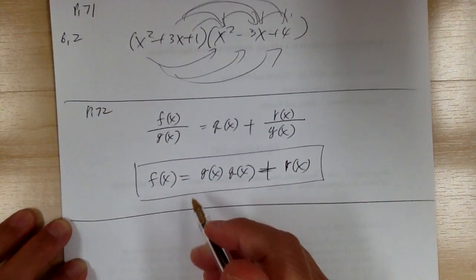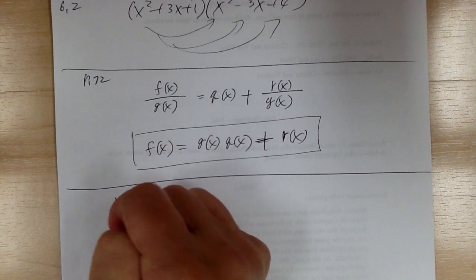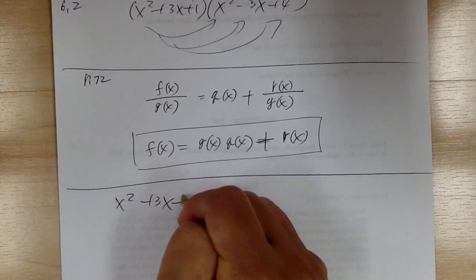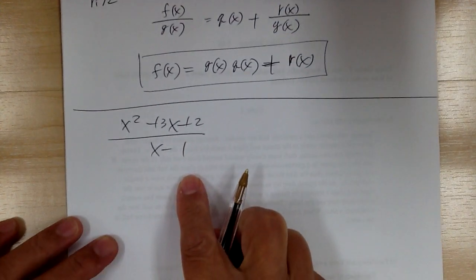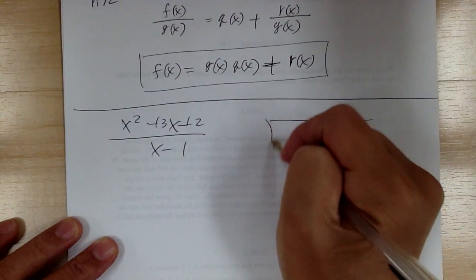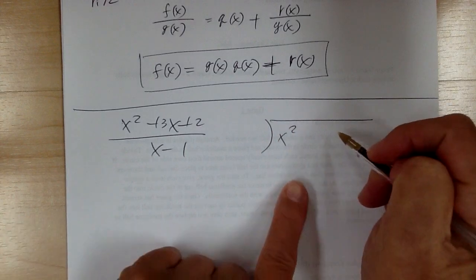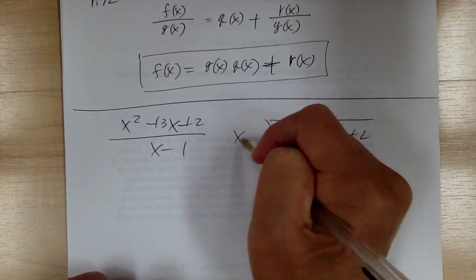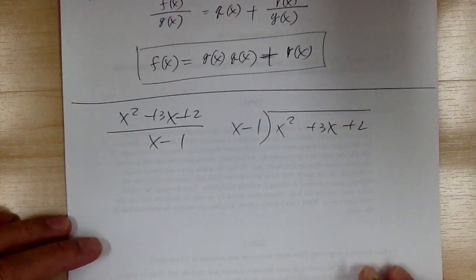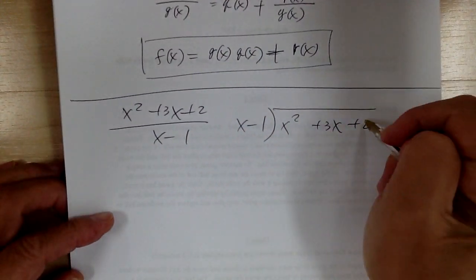So for example, if you were to divide x squared plus 3x plus 2 by x minus 1, okay, normally you would just use long division. You have x squared plus 3x plus 2, and you just divide, okay. But another quick way of doing this is using synthetic division.